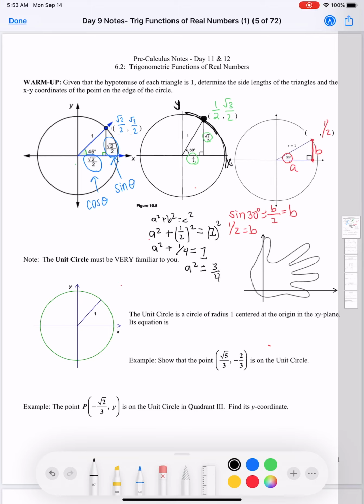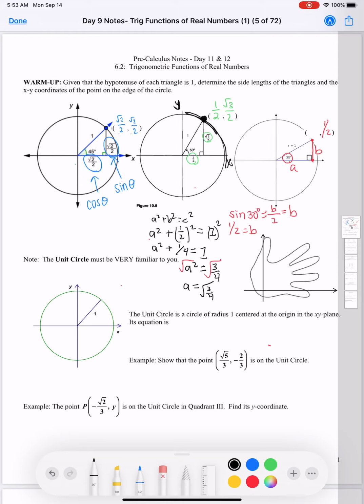Then I need to take the square root of both sides. And we only have positive values here in this first quadrant, so I'm not going to worry about doing any plus or minus in front of the square root. All right, and so when I do that, I have a equals the square root of 3/4.